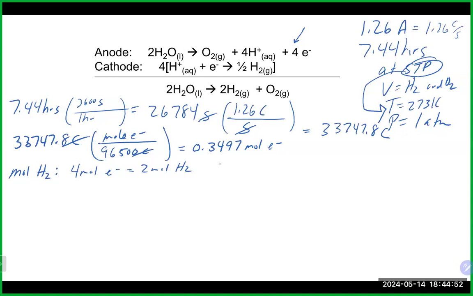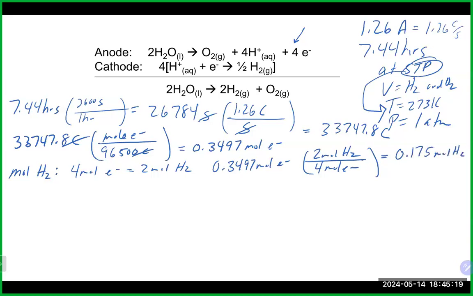So we'll do 0.3497 moles of electrons. And again, it doesn't really matter if you reduce it down or not. It will come out to the same number, moles of hydrogen. And that's going to get us 0.175 moles of hydrogen.